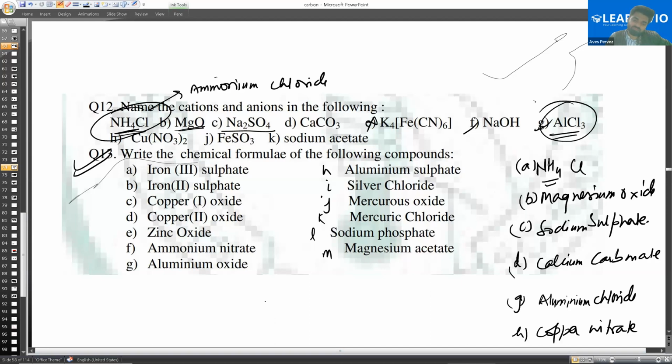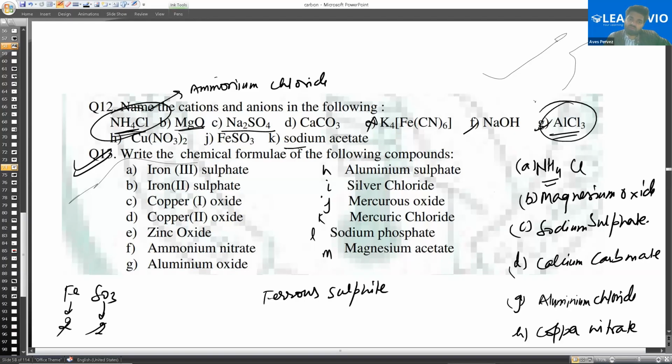Iron sulfate. It is ferrous sulfide. Iron has valency 2 and sulfide also has valency 2, so they cancel out and you will get ferrous sulfide.